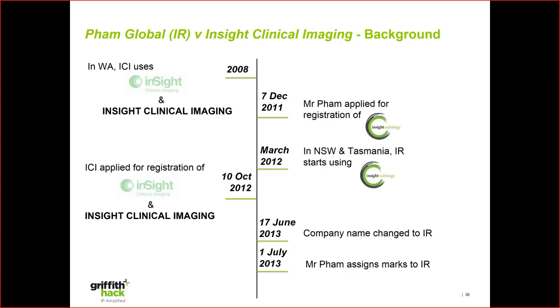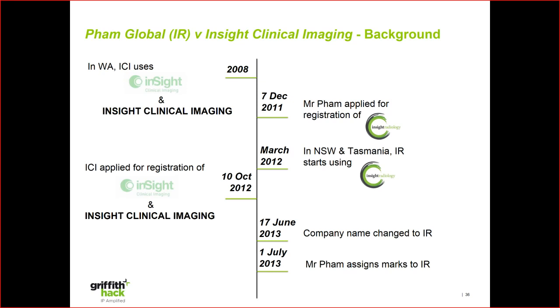Now, during the course of that opposition proceedings, Mr. Pham quickly assigned his mark to Insight Radiology and changed the company name from Pham Global to Insight Radiology to try and make it look like everything was okay with the application and in order. So that mark was found to be substantially identical by the Trademarks Office and the full court.